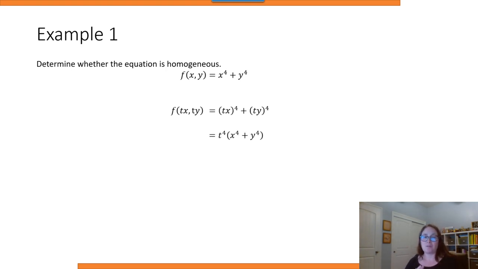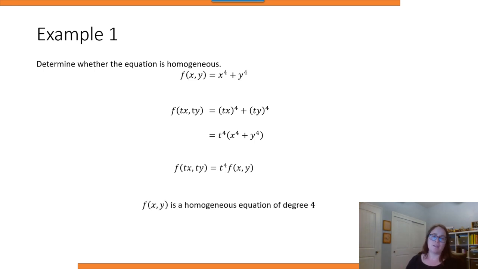I can rewrite this equation as t to the fourth times (x to the fourth plus y to the fourth). And so I was able to plug in t along with the x and the y, and then factor it out completely from the whole function without changing anything else about it. So this meets the definition of a homogeneous equation, and because it's a fourth power that we were able to pull out, this one is of degree 4.